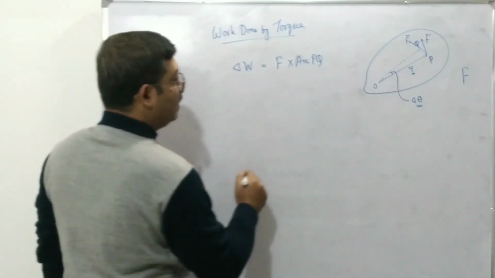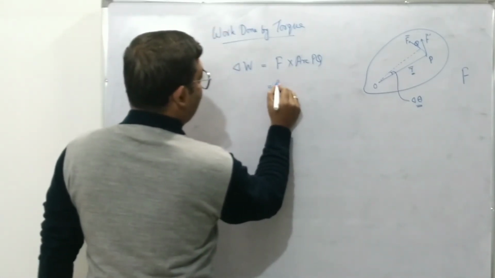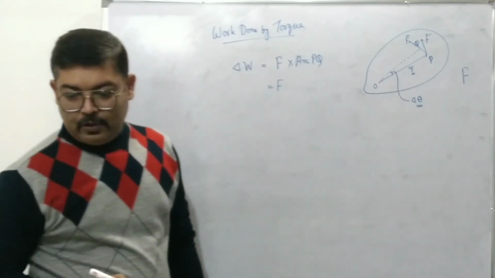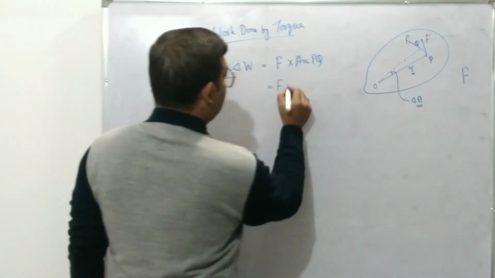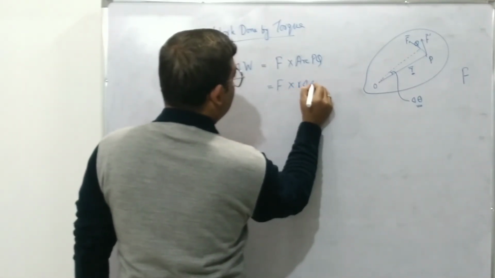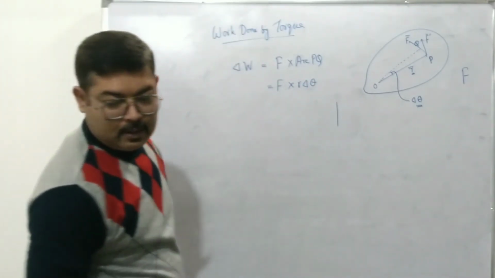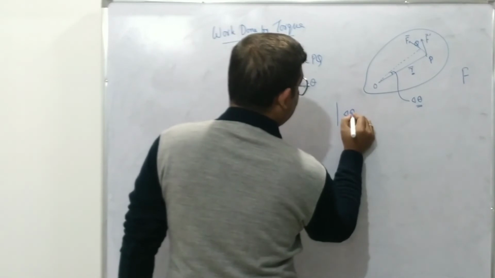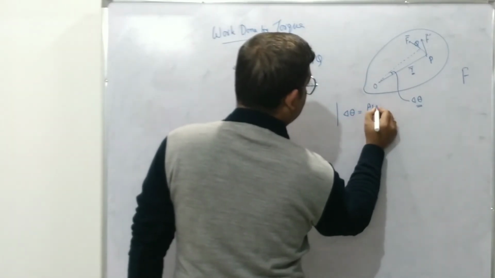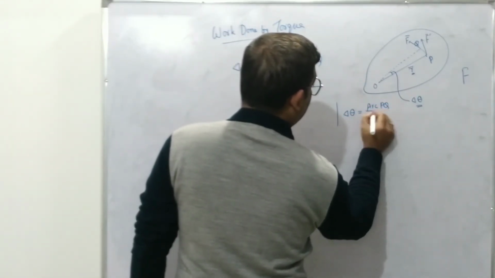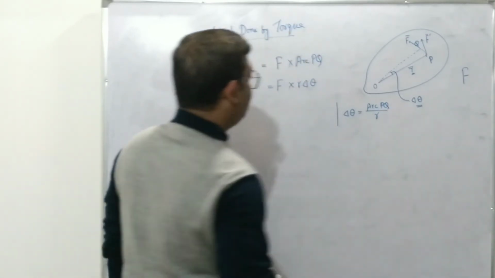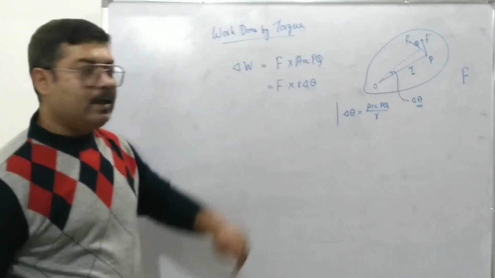So the magnitude is R. So this will be equal to F into R delta theta. Why? Because we know that the angle subtended at the center is given by arc length divided by the radius vector. We know that. That's why we have written this.